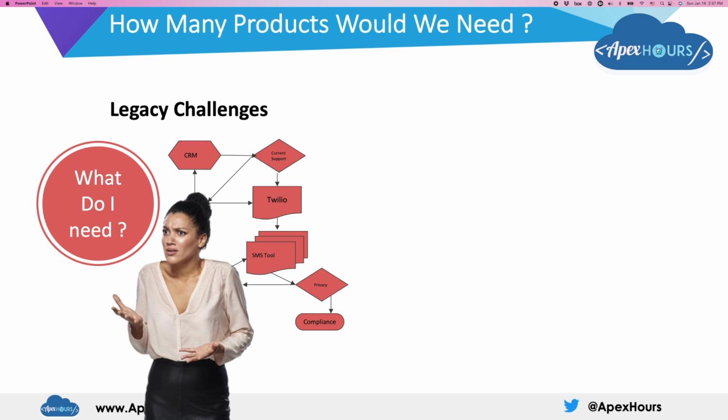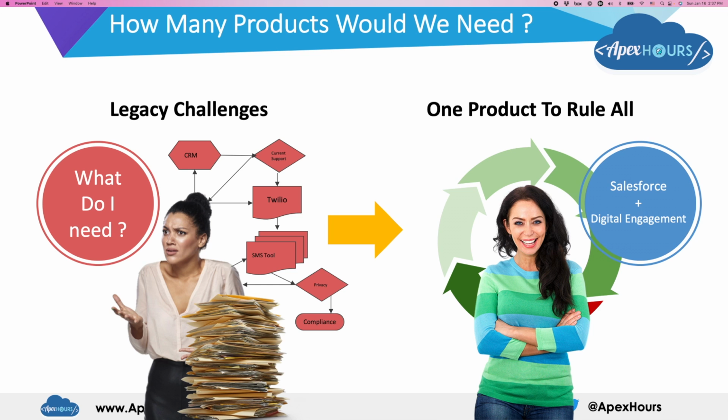Do I need to use a dedicated tool for CRM, a dedicated tool for, let's say, telephony support, a dedicated tool for social channels? How should I do that in today's world? I don't want to manage so many tools. It's very confusing and frustrating for the call center agent. So from the legacy challenge to the future is what Salesforce digital engagement is.